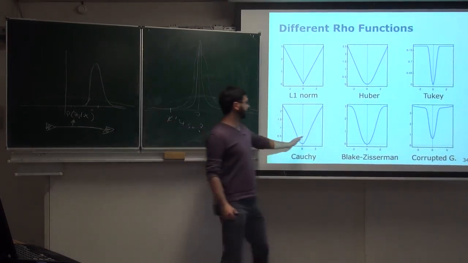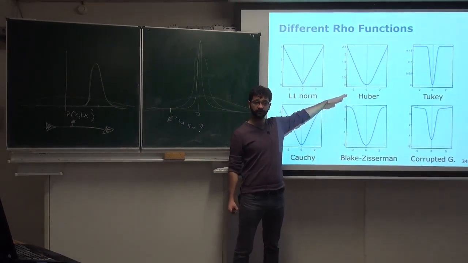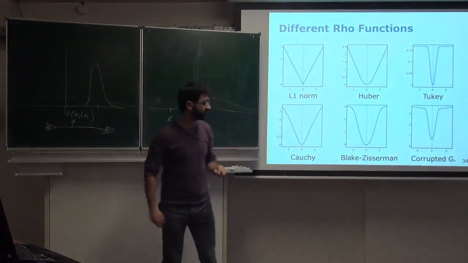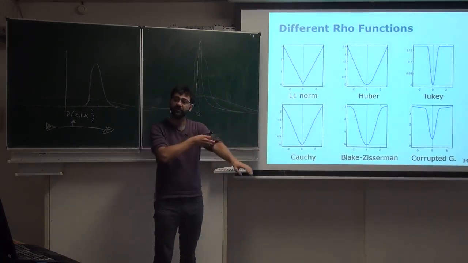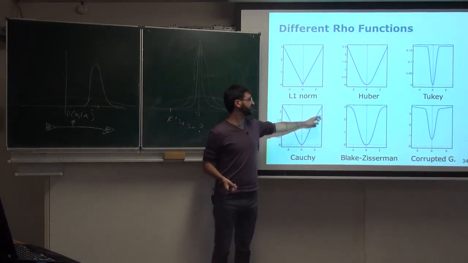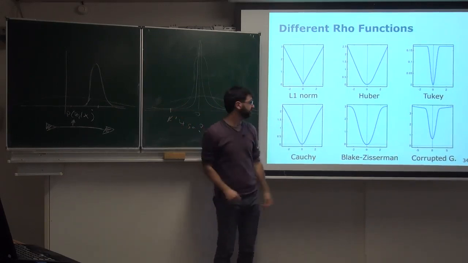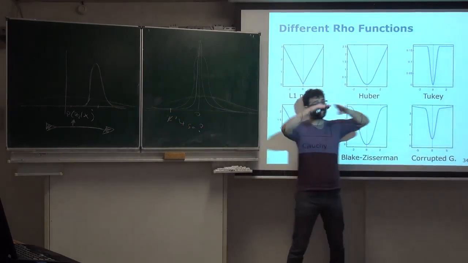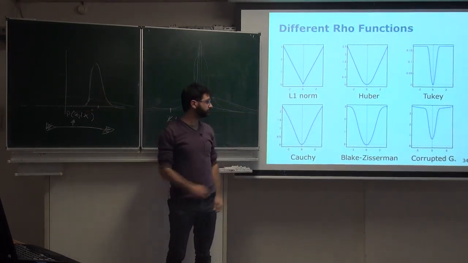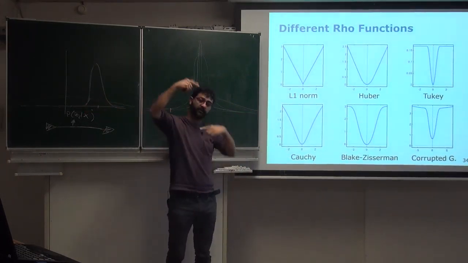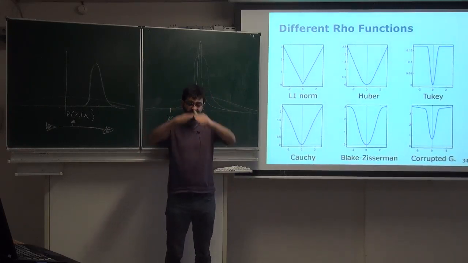And another difference is Cauchy. Cauchy, as I said, doesn't flatten, it doesn't have an asymptote on a number, it goes to infinity. And that's also the reason why you can define a distribution for Cauchy, which is, as you can imagine, the Cauchy distribution. But it's less resilient than Blake-Zisserman and Tukey in terms of gross outliers. For those two, which have an asymptote, so they go flat at some point, there is no way you can compute an integral of the corresponding phi function, the corresponding distribution, because it just doesn't go to zero.